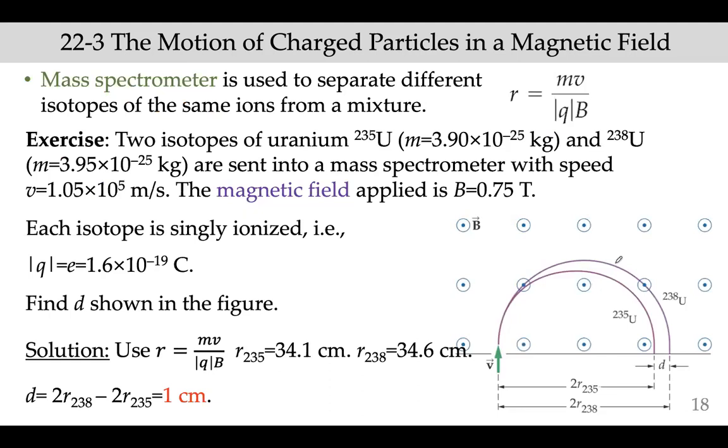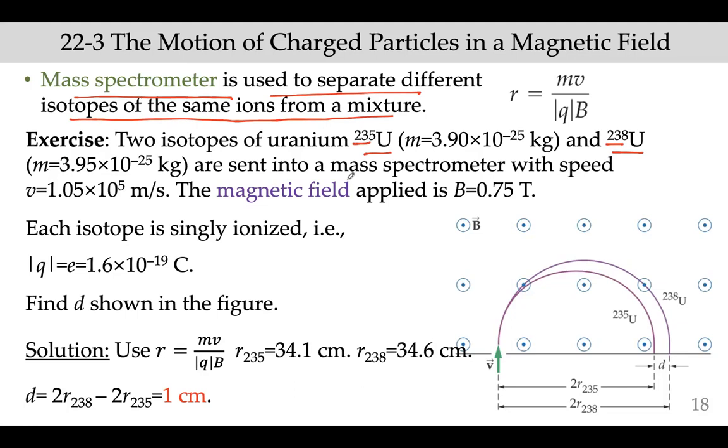Of course, that idea is used in practice. The mass spectrometer is something used in the labs. It's used to separate different isotopes of the same ions from a mixture. Different isotopes means you have the same element, with the same number of protons and electrons, but the only difference is they have different numbers of neutrons.